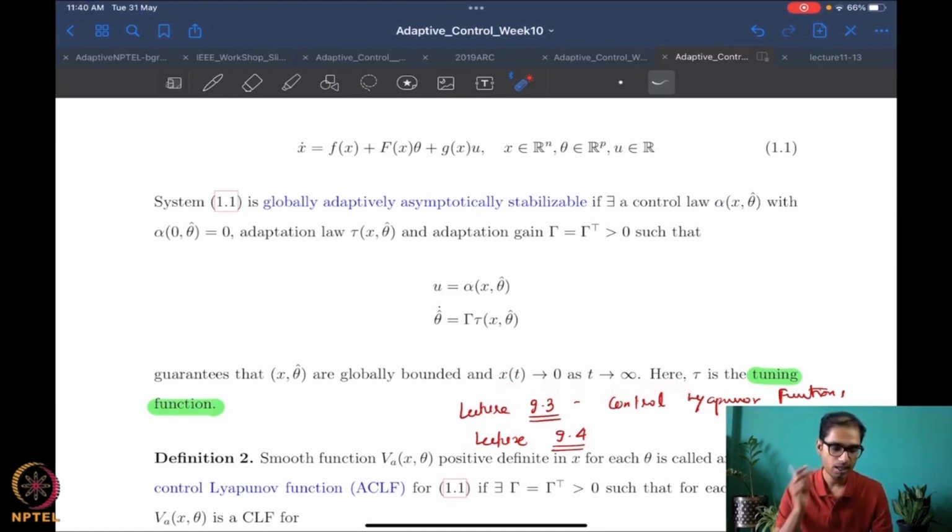This is what it means for the system 1.1 to be globally adaptively asymptotically stabilizable.